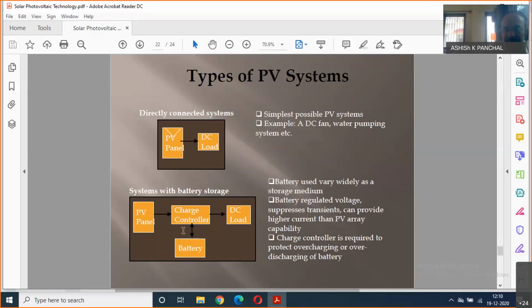During night time, the PV panel cannot supply anymore, so it disconnects the PV panel; otherwise the PV panel would become a load on the battery. So these are advantages. During the day you use the PV panel, and during night time the DC load is on the battery. This is known as a smart charge controller.